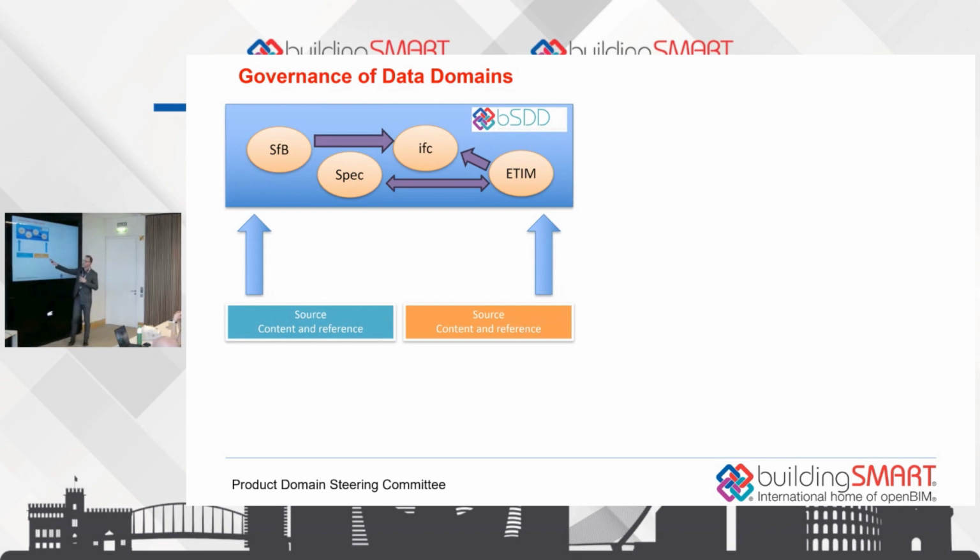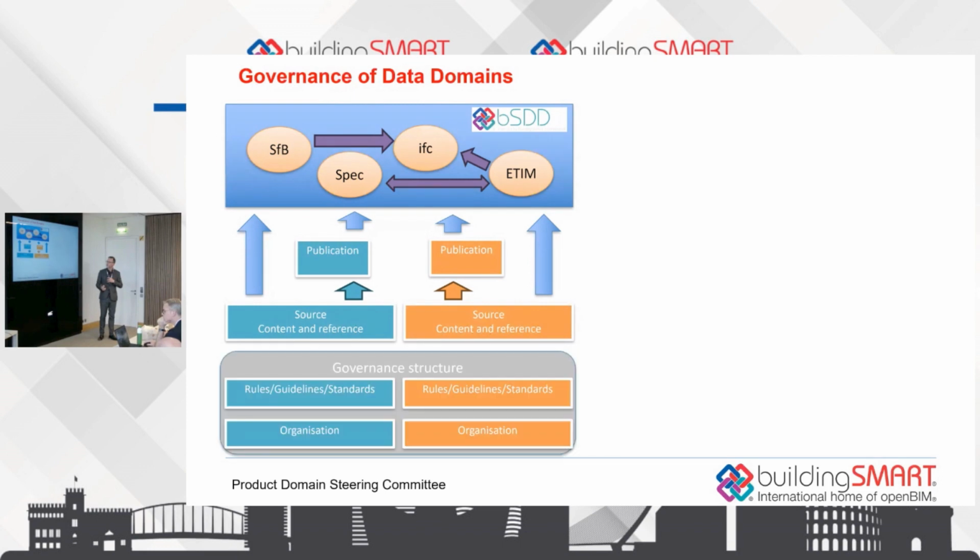But then we have sources outside, which is content and references. And these sources can be managed outside, could be pushed in directly, could be in a publication platform, for instance, a linked data platform, and go from there. We will show you how that worked in our demonstration. That's the way we did it. There's a direct direction, of course, also.